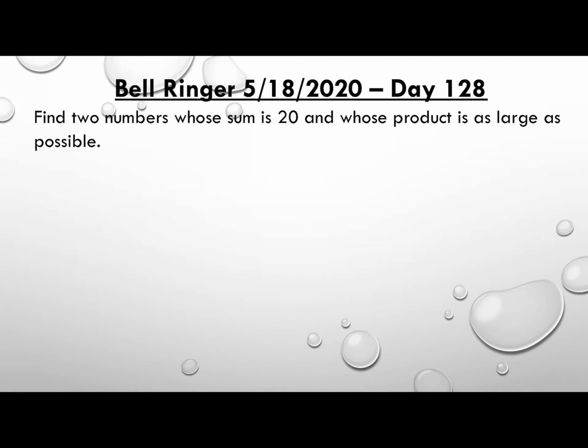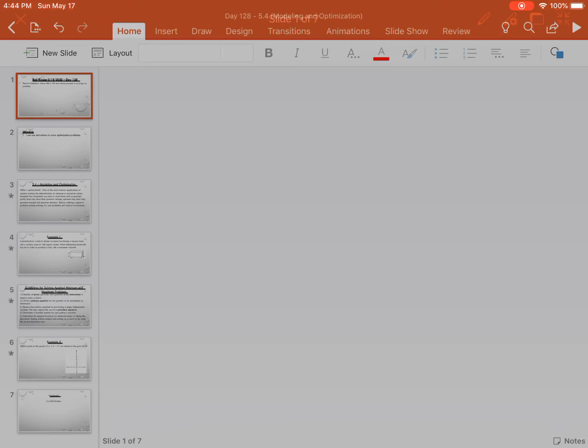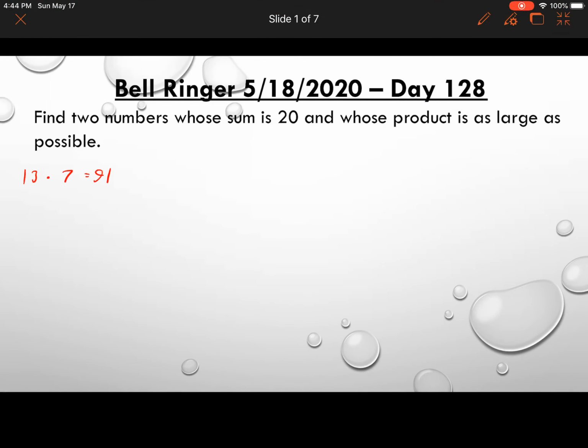So let's say, for example, we picked 13 and 7. 13 plus 7 is equal to 20, and the product of these numbers, 13 times 7, is equal to 91. All right, let's try a different combination. Let's try 15 and 5. 15 and 5 both add up to 20.